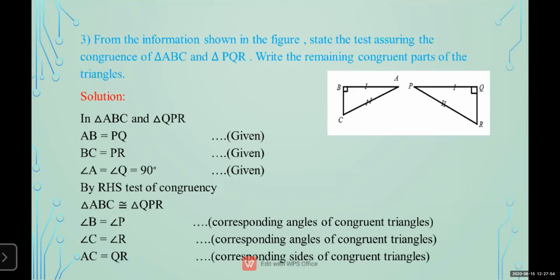Corresponding sides of congruent triangles. Okay. और जब हम एंगल शो करते हैं, then we can say that corresponding angles of congruent triangles. So in this way you can prove that these two triangles are congruent by a test, and afterward show the remaining things of the triangles.